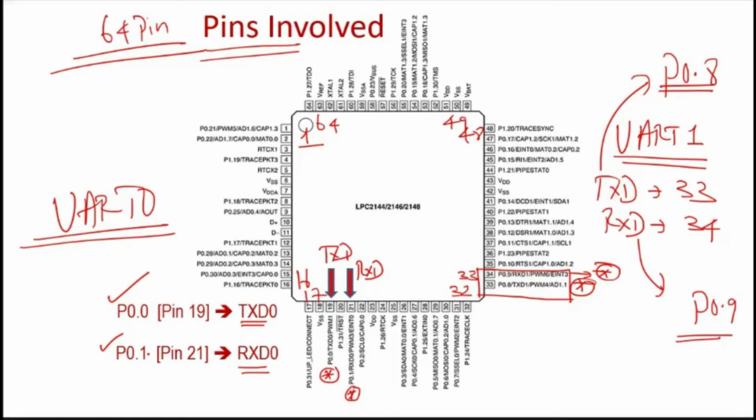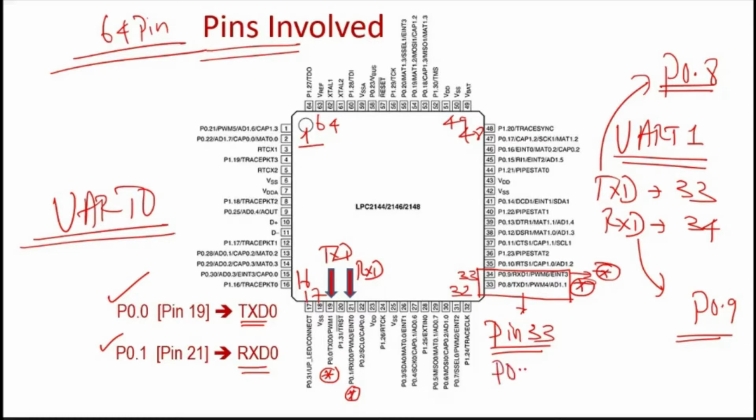In the similar manner, in LPC2148, each pin is capable of performing up to 4 functions. Not 2 functions, up to 4 functions. Let us say you take this particular pin, pin 33. I'll just write it in a bigger form so that you can understand.